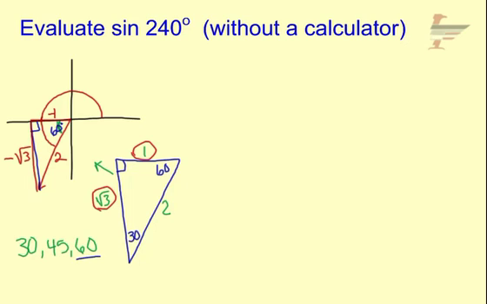All right, so we can evaluate the sine of 60 degrees, which will give us the same thing as the sine of 240 degrees when we use this triangle that we drew. Sine is SOH, so opposite over hypotenuse. Our opposite side is a negative root 3. Hypotenuse is 2. So we look at negative root 3 over 2.